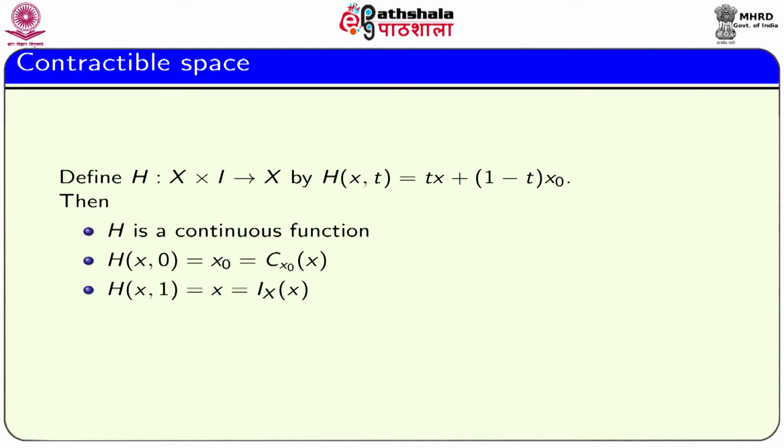H(x,1) is x, that is, the identity function evaluated at the point x. Therefore, C_x0 and I_X, these two are homotopic via the homotopy capital H.